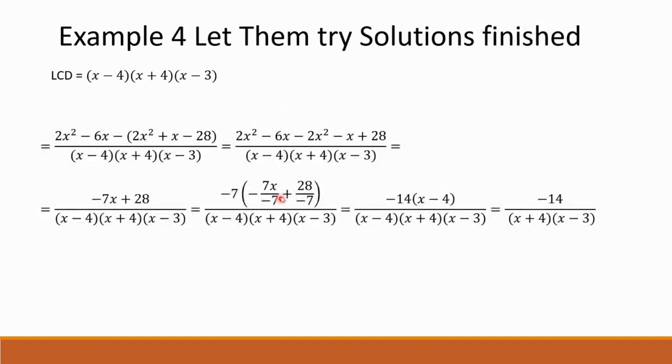Okay, I thought I made a mistake, but I didn't. So we get 2x squared minus 6 times x minus 2x squared minus x plus 28. And you can see there's some cancellation. The 2x squareds cancel. Minus 6 times x minus x, that's minus 7x. And we have the plus 28 there.